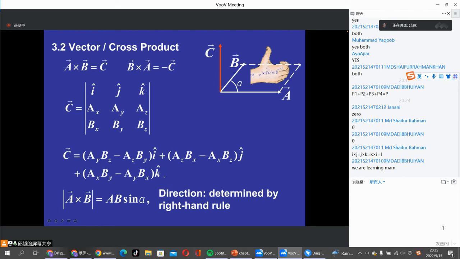Okay, from the right-hand rule, we can know one important thing.